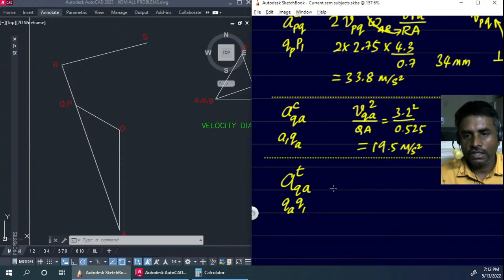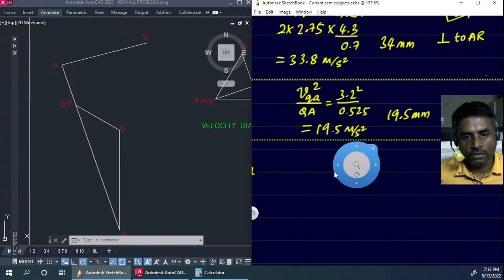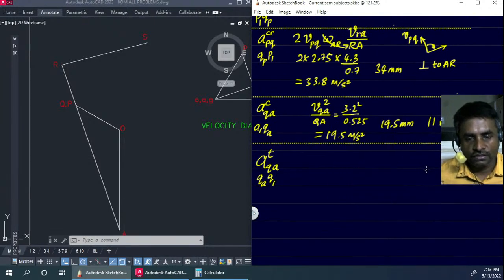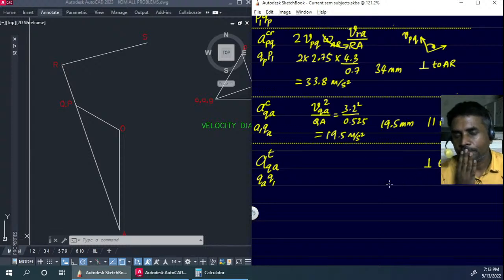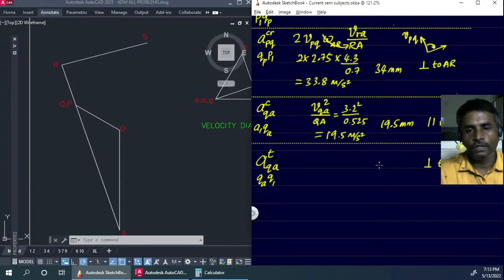For tangential acceleration, we are supposed to find the angular acceleration. So at this point we don't know about it. So let's see if we are able to guess what is its direction. So direction of this will be definitely perpendicular to AR, and we don't know the sense of at as of now, so we'll have to find it from the acceleration diagram.